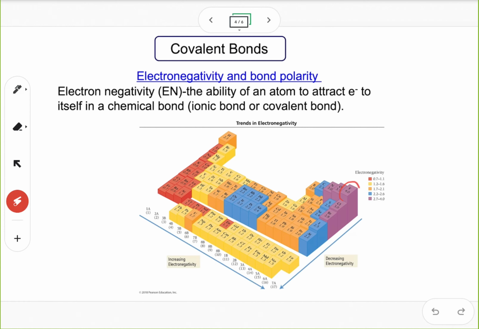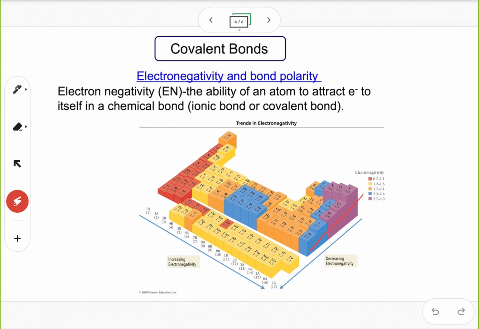Let's take a look at group 17 from fluorine to the element At. Well, if you take a look at those numbers, fluorine has an electronegativity of 4.0, the highest in the periodic table. But At here has only an electronegativity of 2.2.